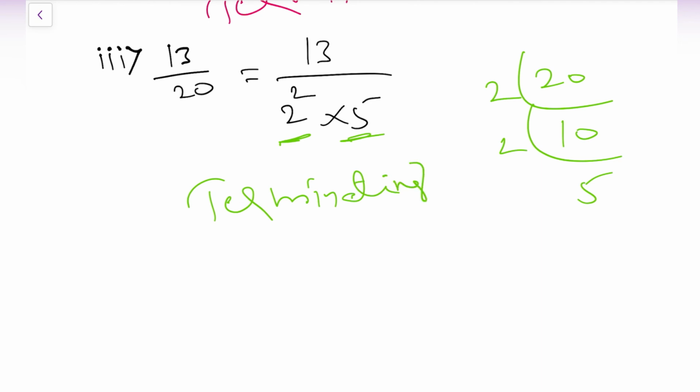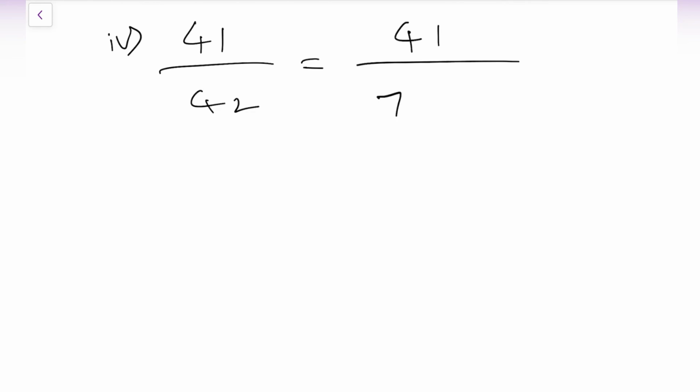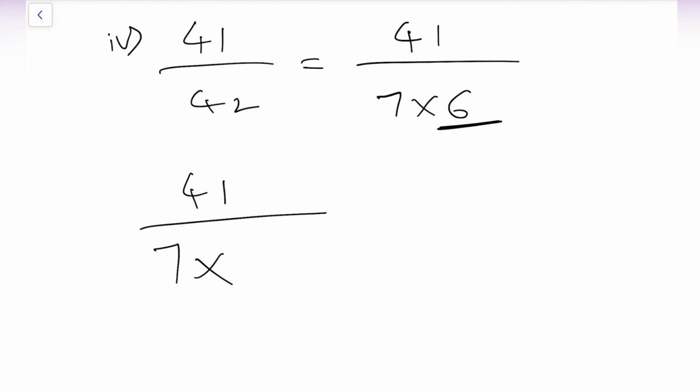Next, question number 4: 41 divided by 42. 42 can be written as 7 times 6, and 41 by 7 is already in the simplest form. 6 can be written as 2 times 3.